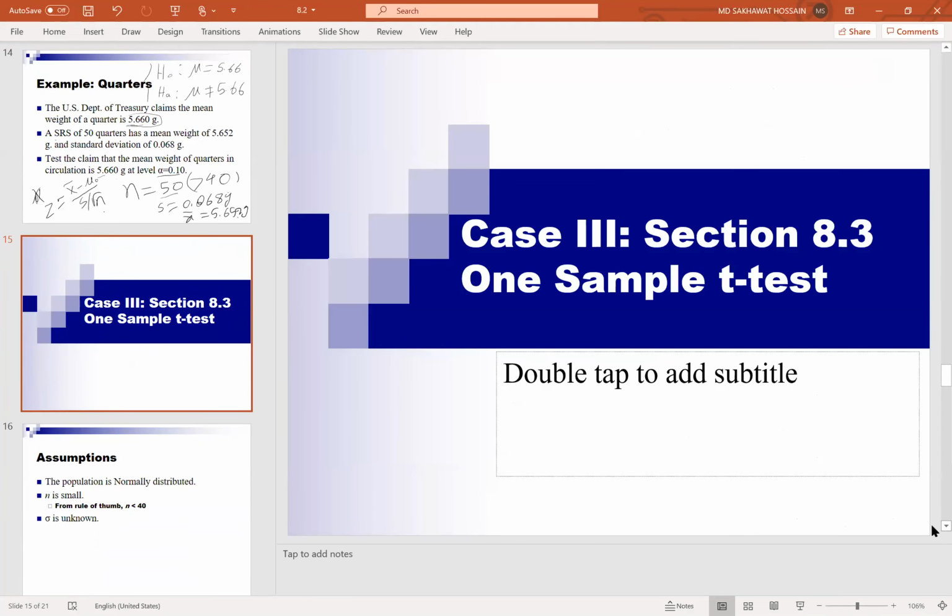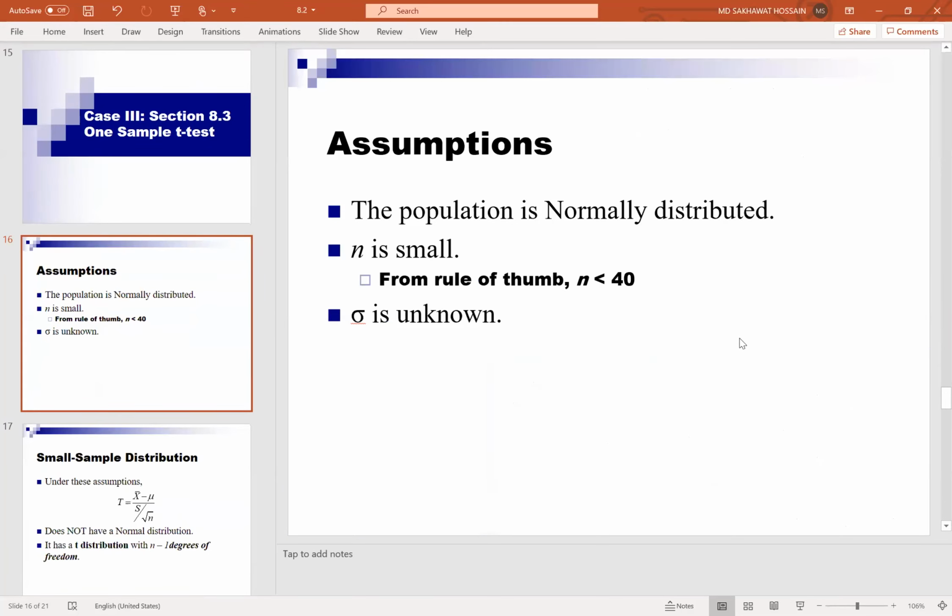Okay, so this is another case, case 3. This is also a one sample t-test. The hypothesis tests we are discussing in this chapter are all one sample hypothesis tests, hypothesis tests for a single population. In this case, the assumptions are the population is normally distributed. So the population should be a normal distribution.